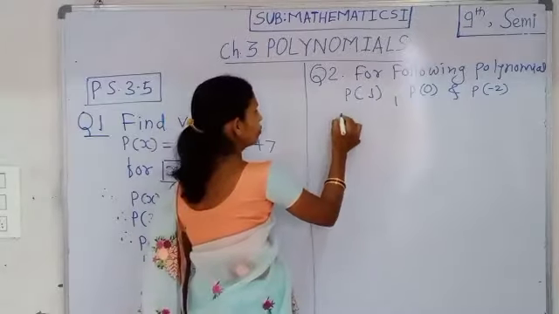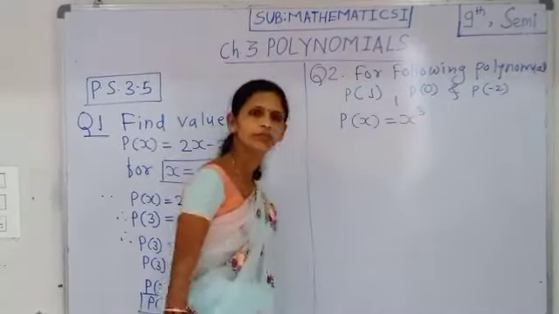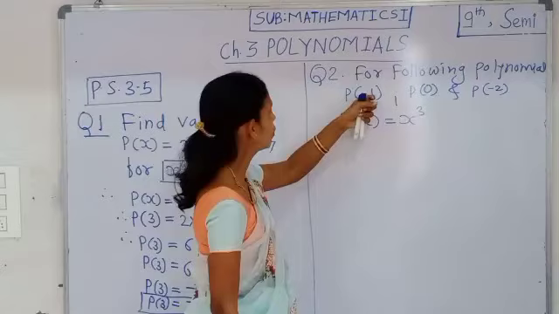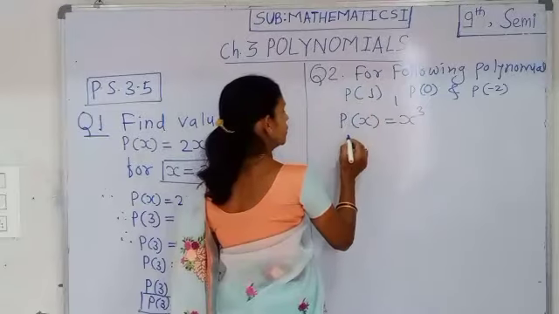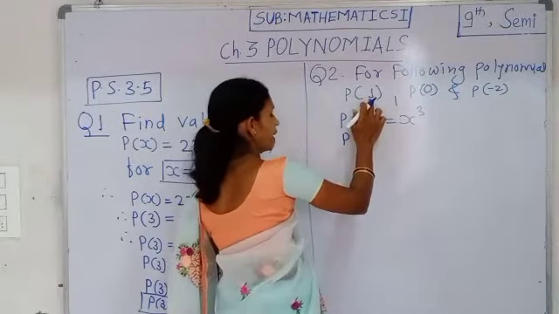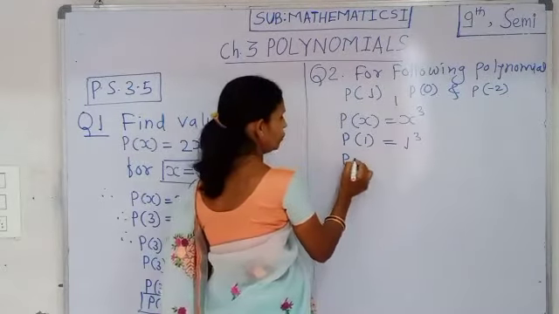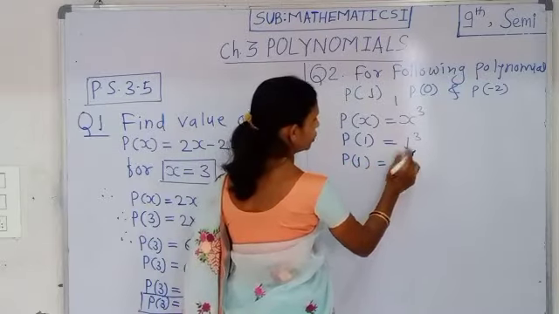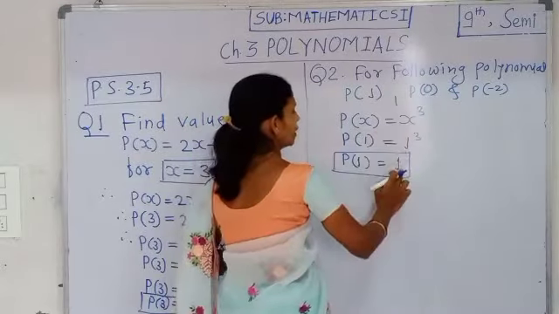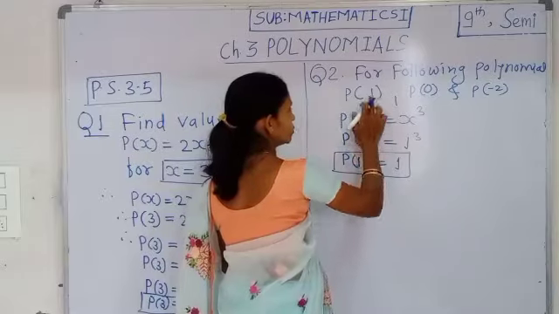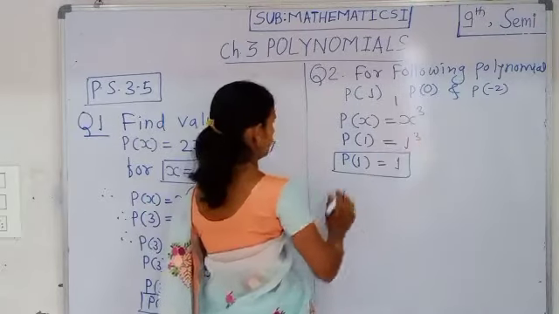Out of those, one polynomial is p(x) = x cube, and we have to find p(1), for x equals 1. Therefore p(1) equals 1 cube, that is 1. That is the value of this polynomial for x equals 1, so the value of p(1) is 1.